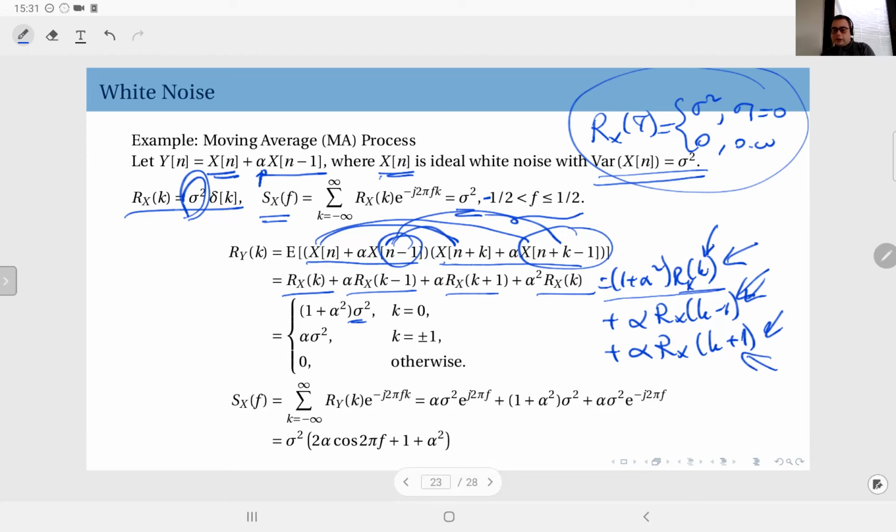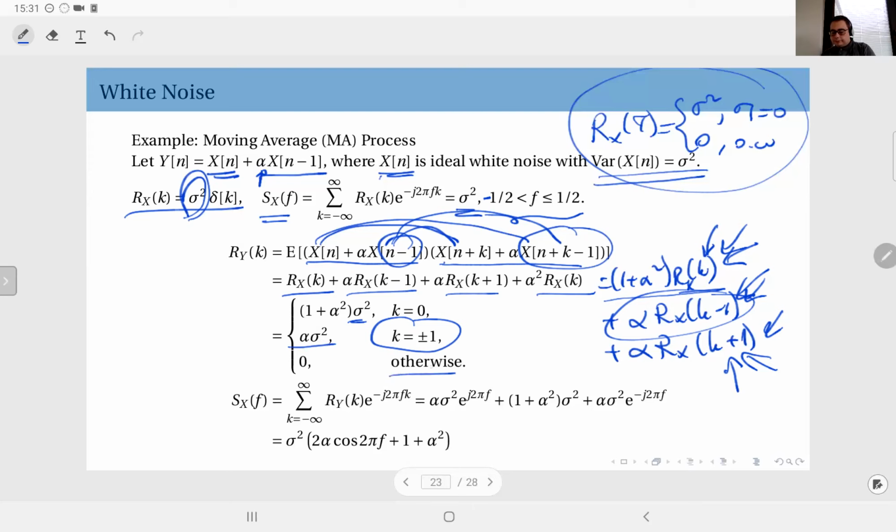So that will be alpha times sigma square. Similarly, when k is plus 1, this will be 0, this will also be 0, but this one will be alpha times sigma square. So when k is either plus 1 or minus 1, the autocorrelation will be alpha times sigma square.